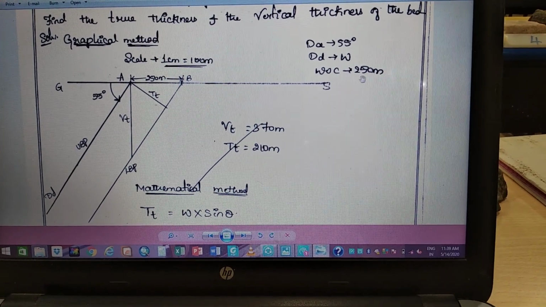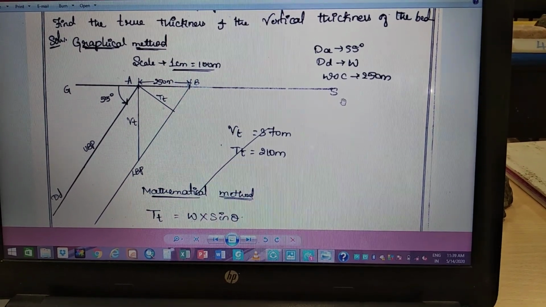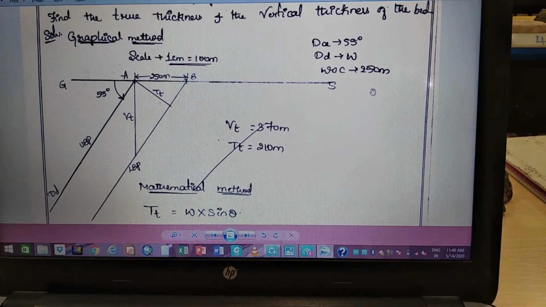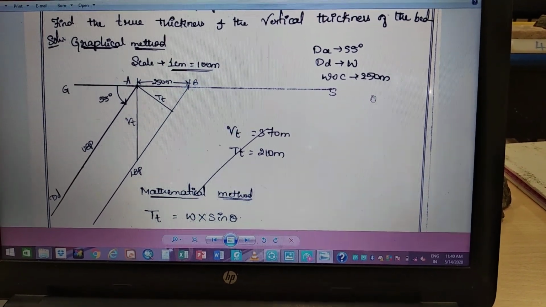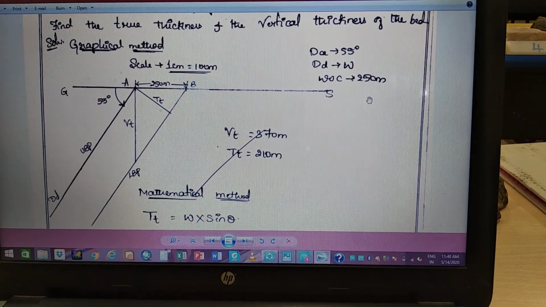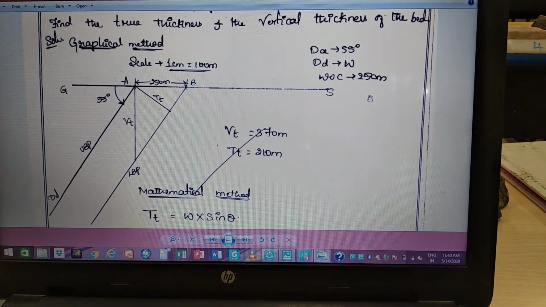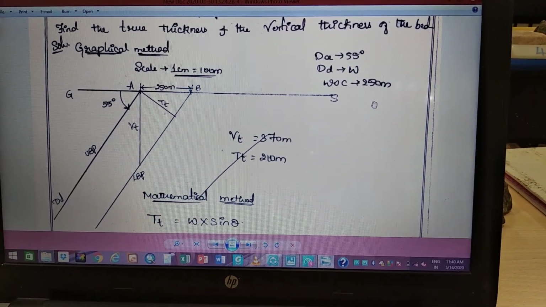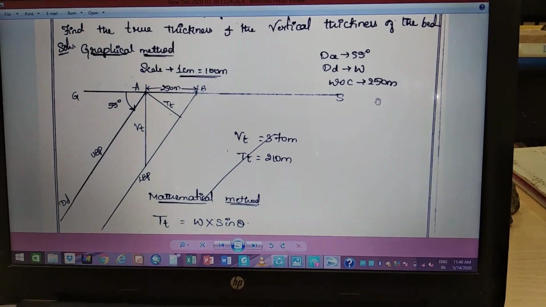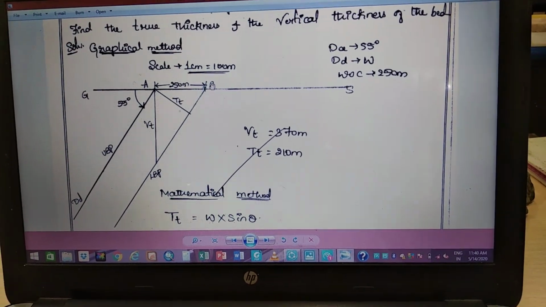Again, you need to take a scale, maybe 1 centimeter equals 10 meters or 20 meters based on your requirement, or 1 centimeter equals 100 meters so that you will get 2.5 centimeters here.